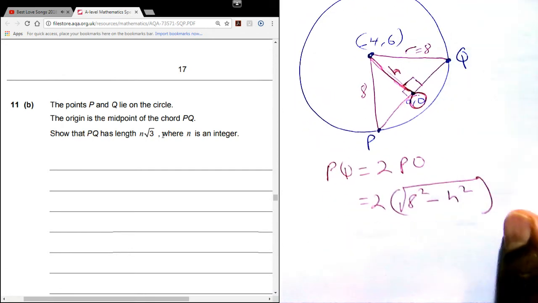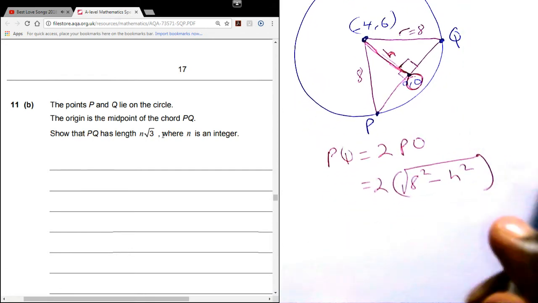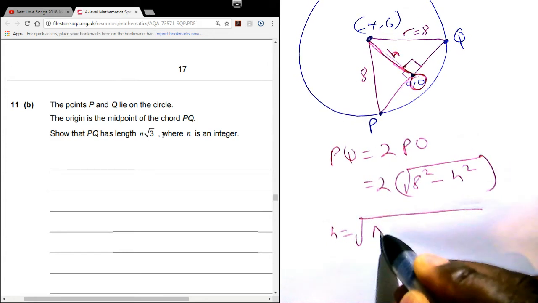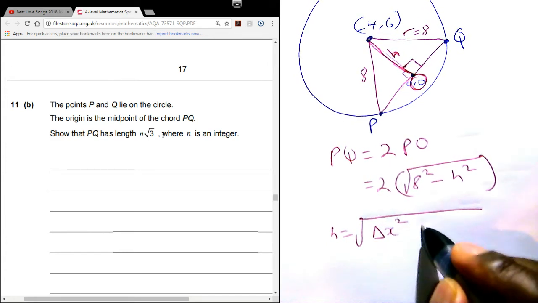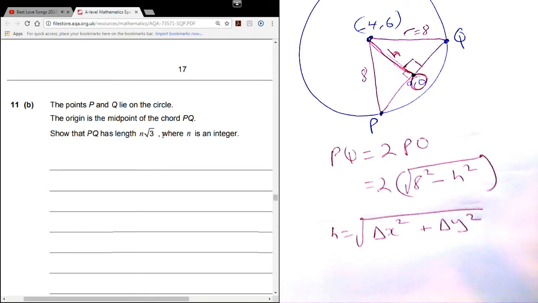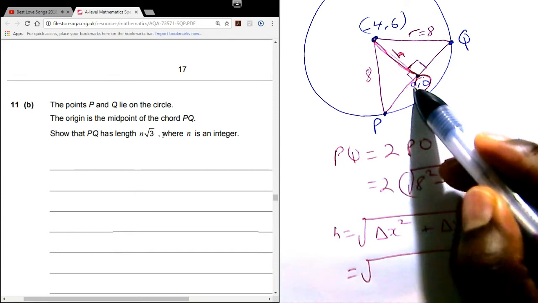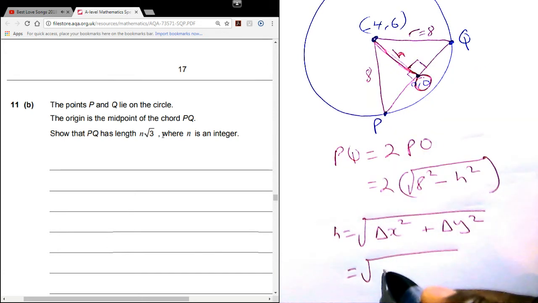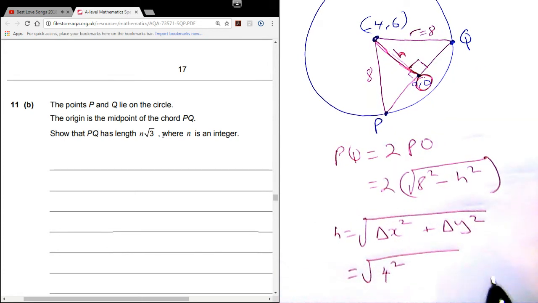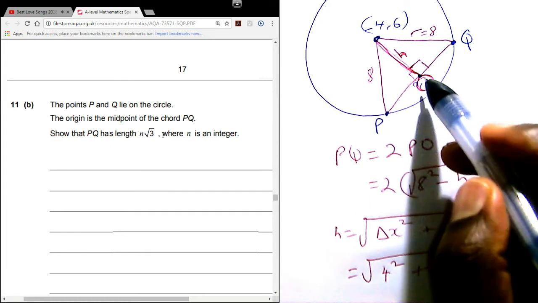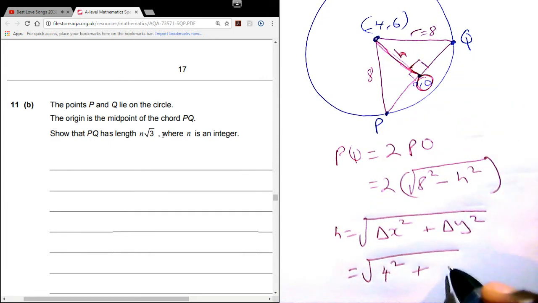And usually to find the distance between 2 points, we would just take the difference between their x values and square that, and the difference between their y values and square that. So the difference between the x value of 0,0 and -4,6 is 4, and you square that. The difference between the y values, from 0 to 6, is 6, so you square that.